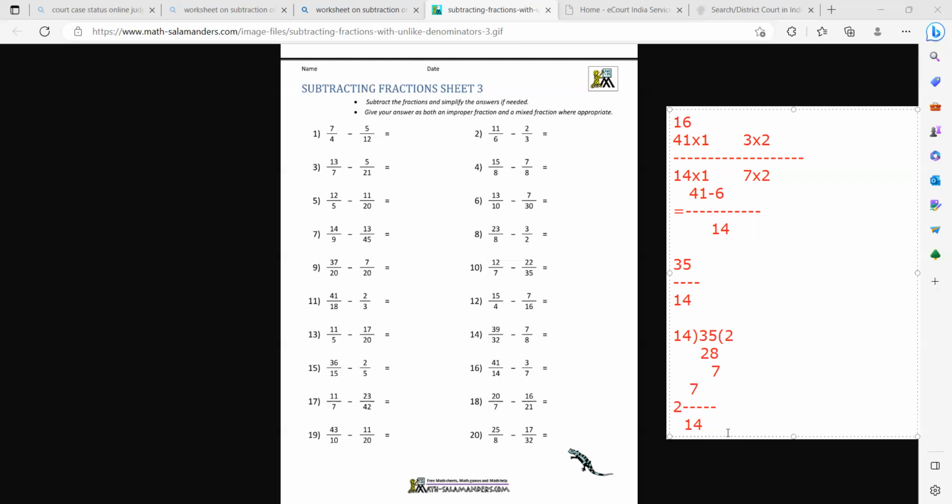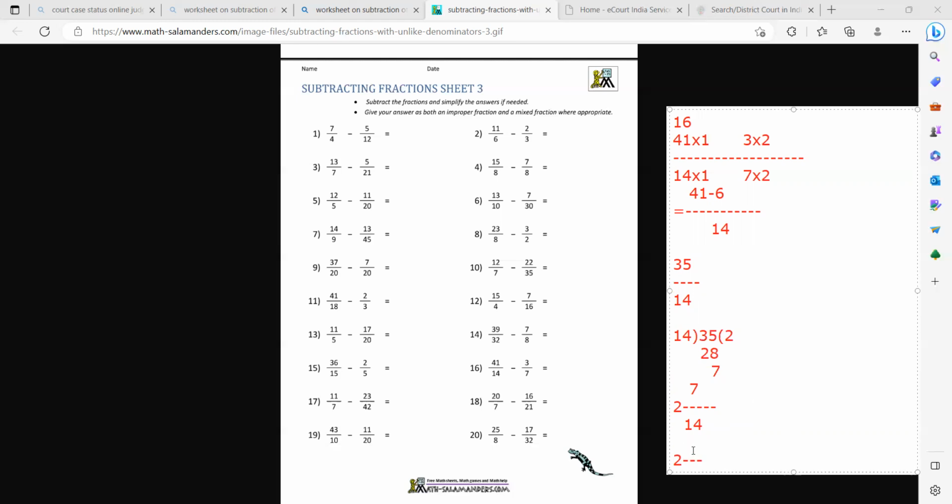Now what we need to do, we can divide both 7 and 14 with the same number. So 7 divided by 7 is 1. 14 divided by 7 is 2. So 2 whole 1 by 2 is the correct answer.